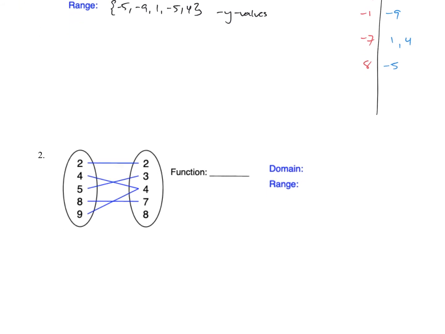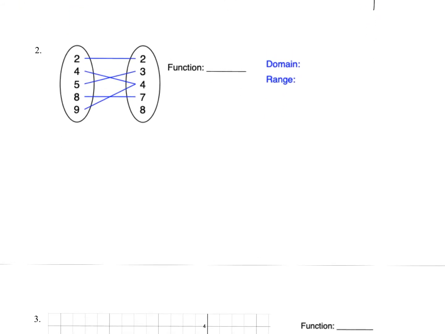Alright, let's take a look at the second example. We're going to determine whether this is a function or not. So, which one is x and which one is our y? Well, they're not really written as x or y. What they are written as is sort of the input and the output, or the independent and the dependent. But I'll go ahead and call these just my x and my y value.